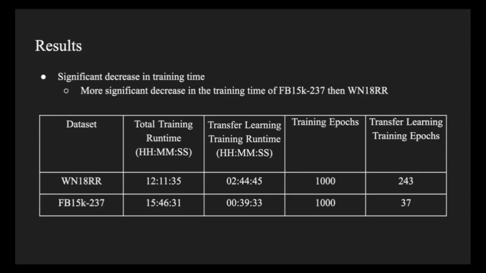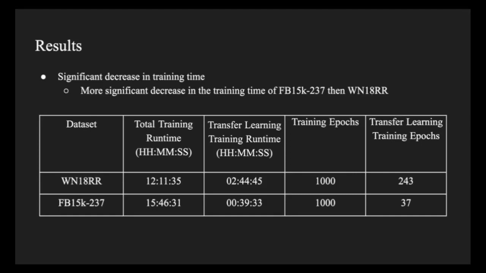It took the WordNet model, the model trained on the WordNet data set, only 243 epochs or 2 hours 44 minutes to reach the same accuracy and the same metrics as it took 1,000 epochs and 12 hours. And for the Freebase model, it took only 37 epochs or 39 minutes, what took 15 hours and 46 minutes over 1,000 epochs previously.